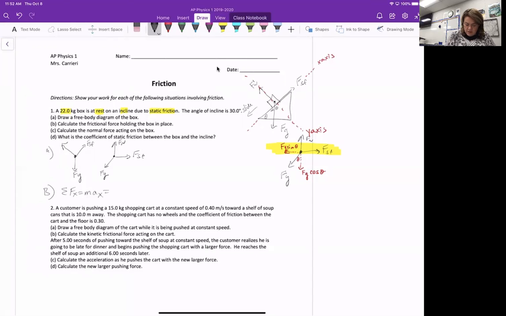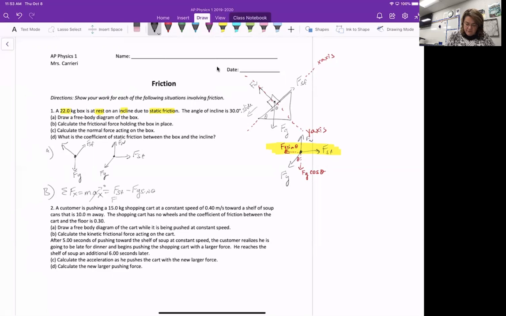And we know that that is 0. Okay. And so that is going to be equal to, I'm going to call the force of static friction my positive force because it's pointing to the right, minus Fg sine theta. And so those two things are equal to 0.